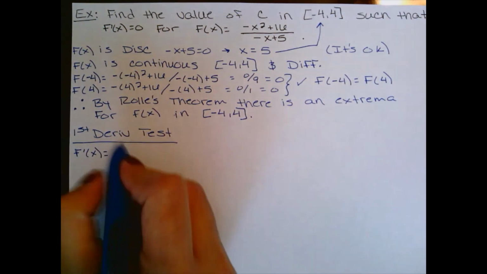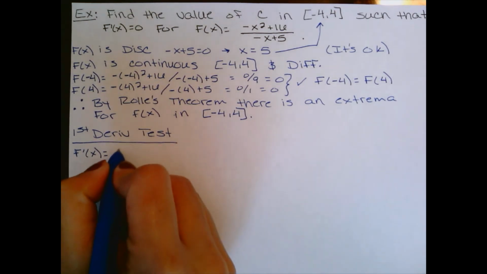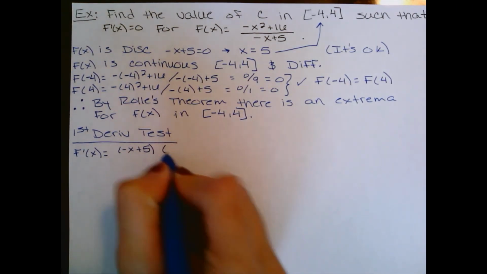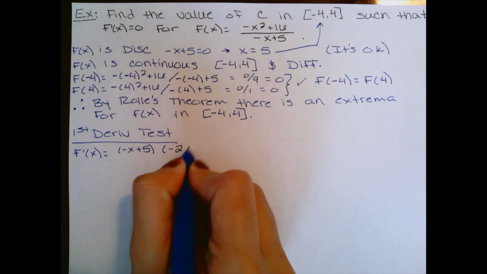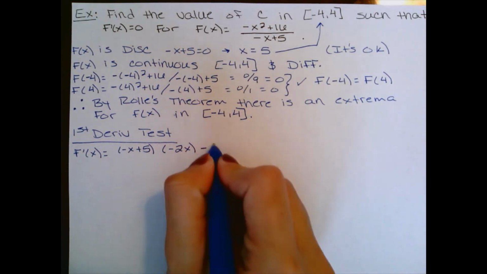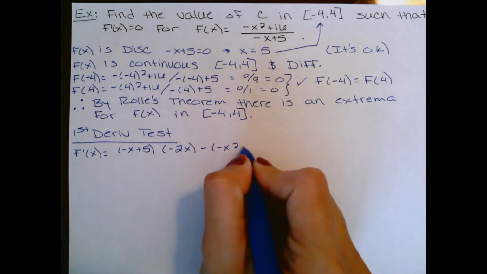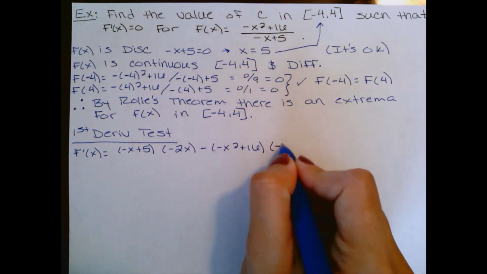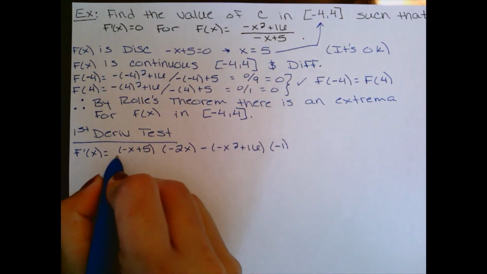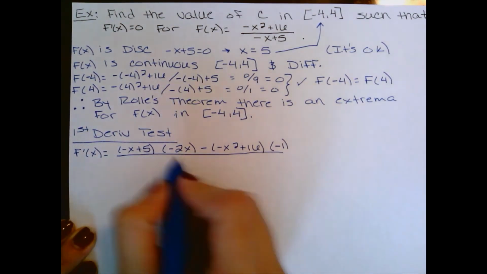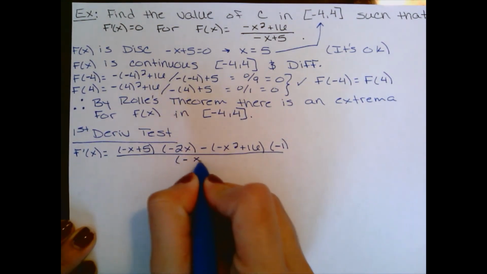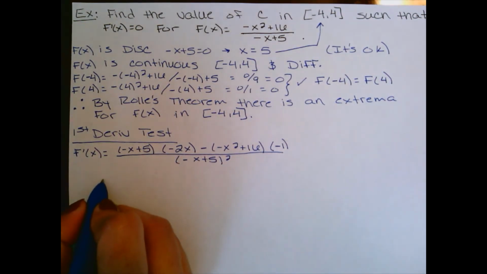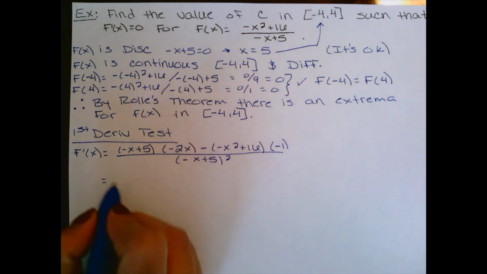So I'm going to say first derivative quotient rule is low d high, derivative of the top, minus high d low, derivative of the bottom, over low squared.